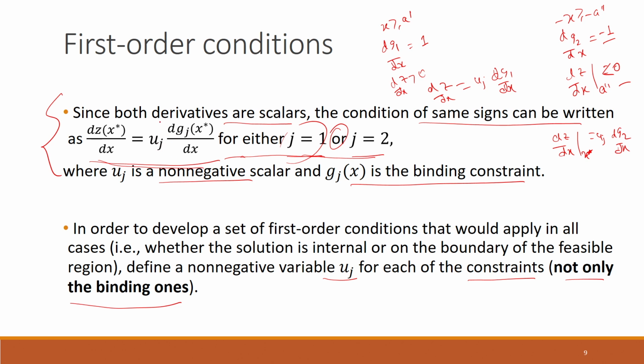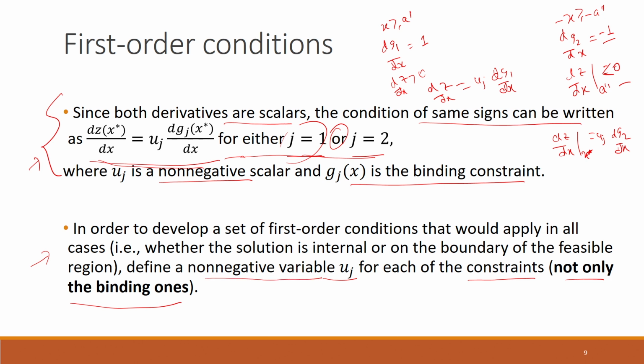So therefore either u1 was defined or u2 was defined, depending upon which one of the two boundary constraints the optimal solution lay at, okay. So in this case both u1 and u2 cannot exist together here, but we now want to develop those conditions where both u1 and u2 can exist together, okay. But still uj, that is u1 and u2, will still be non-negative variables.